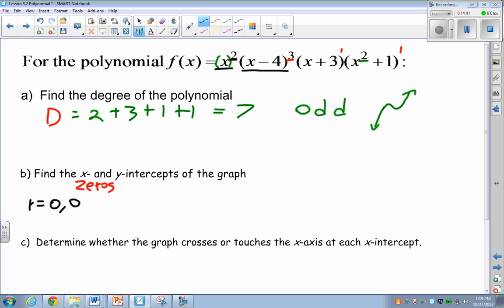Okay, let's look at this one. x now has to be 4 in order for that bit to be 0. I'm going to write 4 down 3 times just because it's an exponent of 3. Here, x has to be -3, and I'm just going to write that one down once. But now this one's a little trickier. This one we're going to be looking at later on. I just want to give you guys an introduction to it.